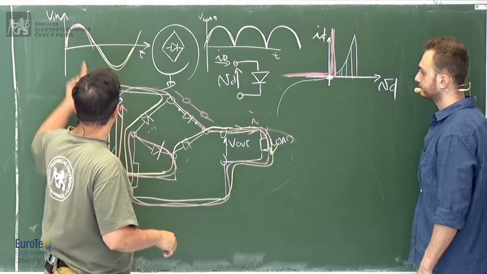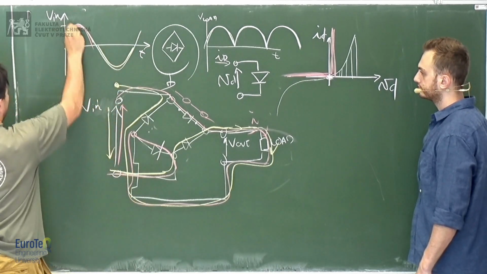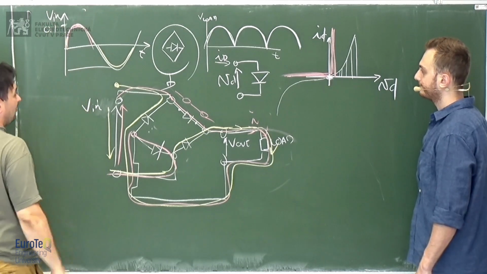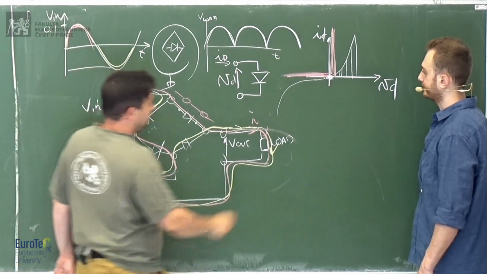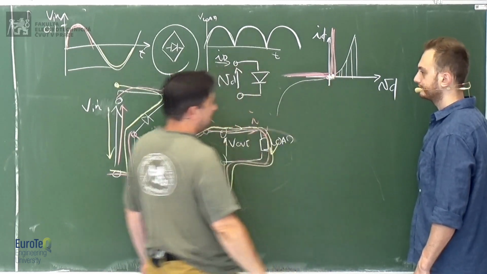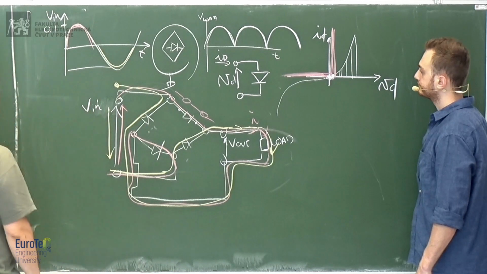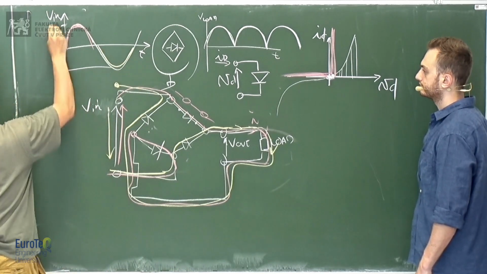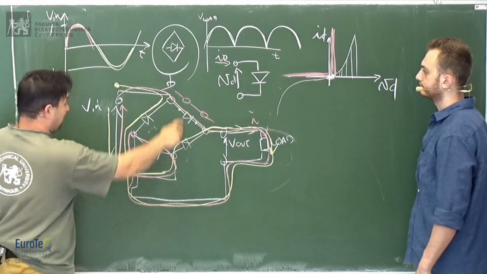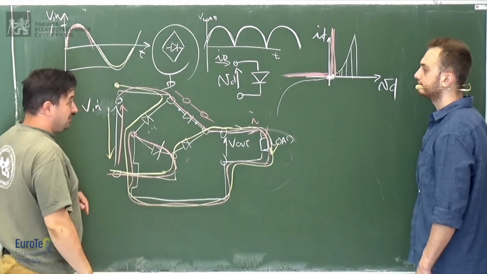So what happens if you have a voltage which is very low? Like 0.1 volt. You can't rectify it. You're going to be here, so you get almost no current. Even if you have 1 volt, still you have 2 diodes in series with your voltage.